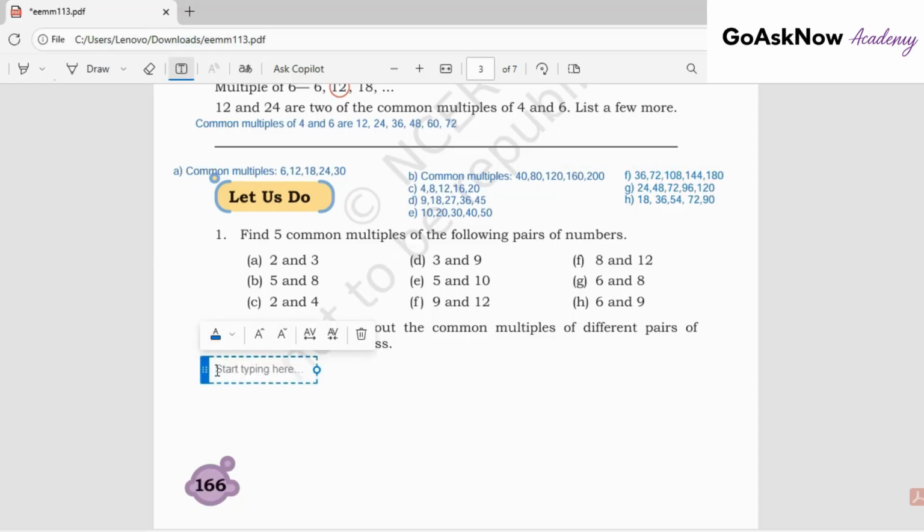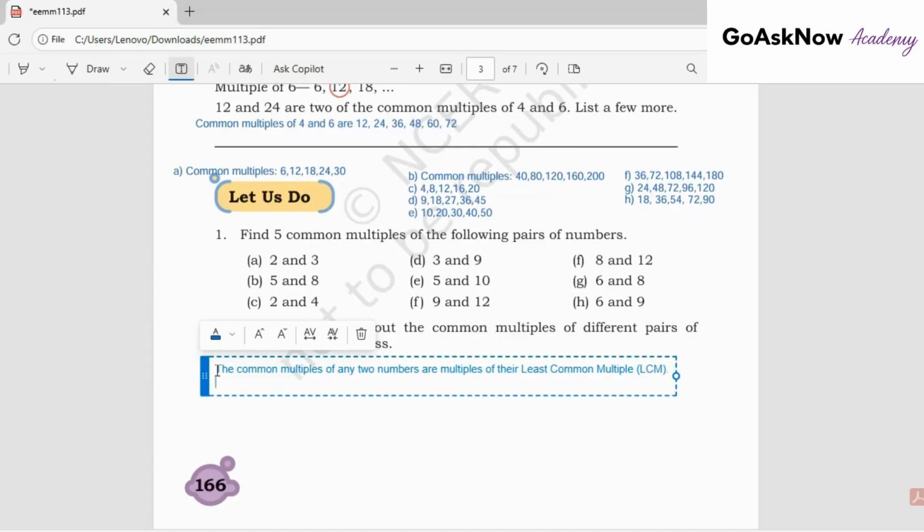Here, the common multiples of any two numbers are multiples of their least common multiple, which is the LCM.